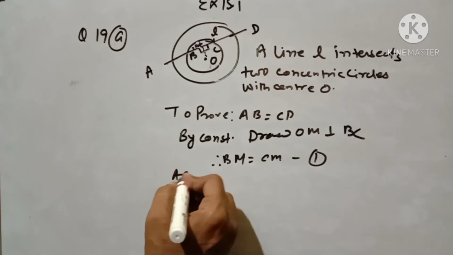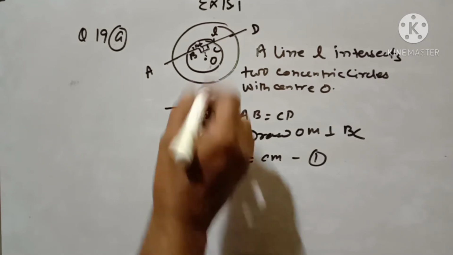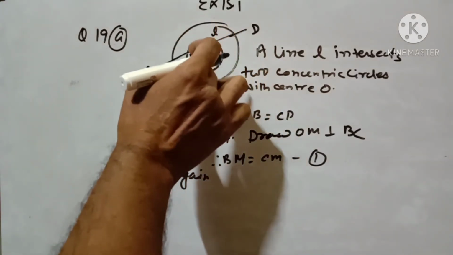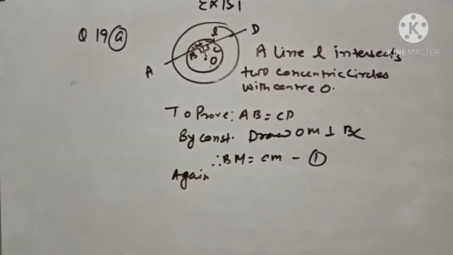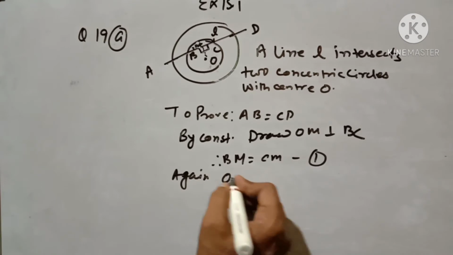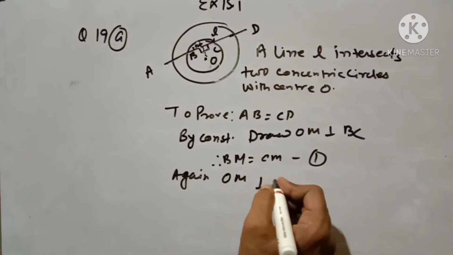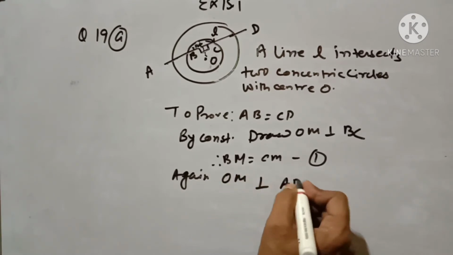Again, we can see this OM line, perpendicular line, it is also drawn on AD also. Again OM perpendicular to AD.